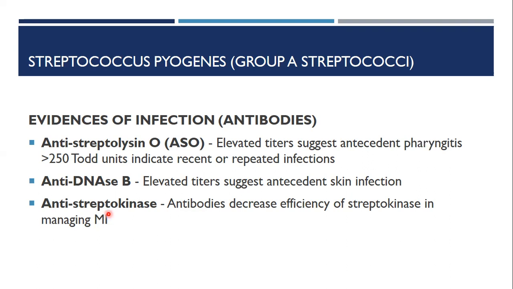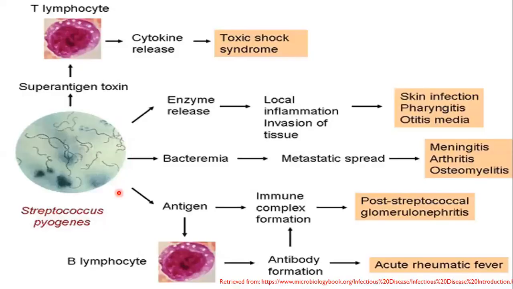As I've mentioned, it's an enzyme produced by your group A streptococci, and this enzyme actually has a medical application. It basically is used in the treatment of myocardial infarction because it lyses clots. So as you can see here, these are the diseases caused by your Streptococcus pyogenes.